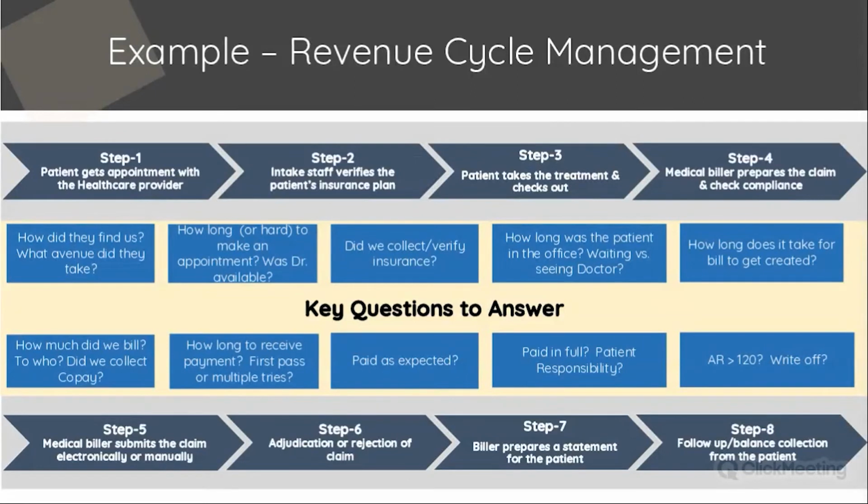And so then the medical biller submits the claim for adjudication to the health insurance payer, which goes through another set of systems or set of hands, and they may pay or they may not pay. So there are some questions that need to be answered there about how timely we are getting that information back.